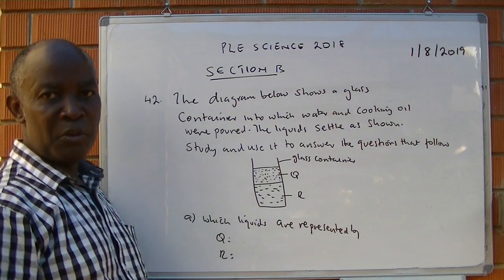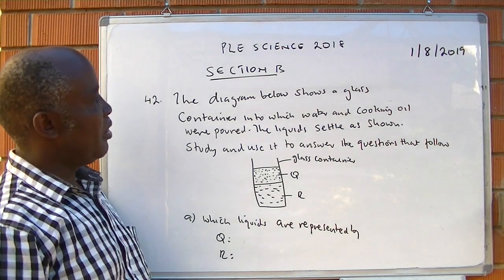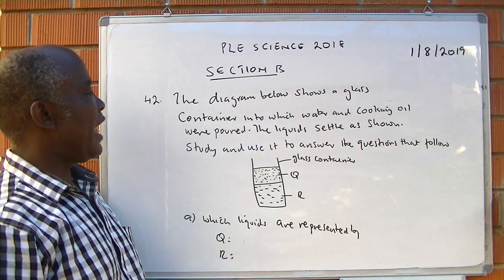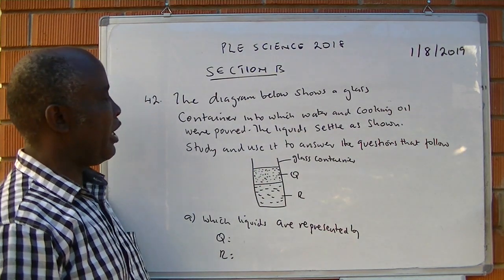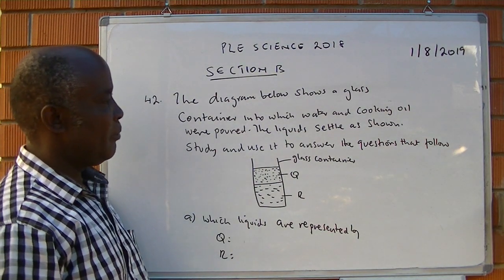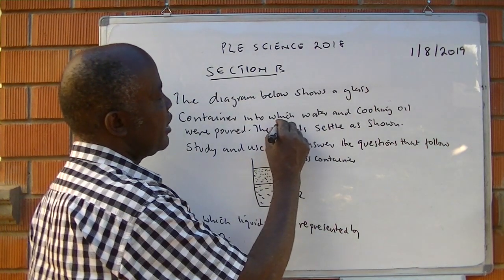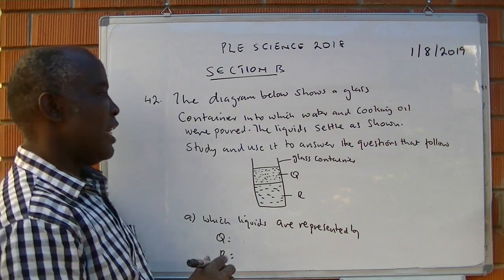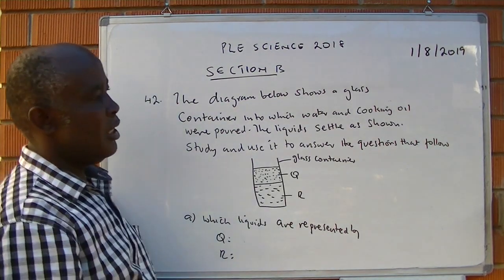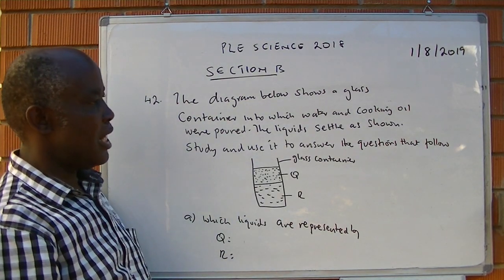Number 42, the diagram below shows a glass container into which water and cooking oil were poured. The liquids settle as shown. Study and use it to answer the questions that follow.